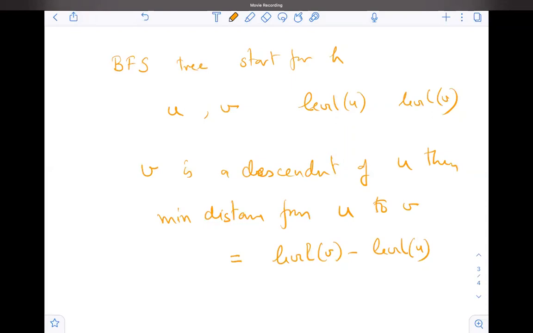That means there is a shorter path, and if there's a shorter path, then you prove that the level of V should have been different. So this is a simple induction proof, isn't it? You can prove it by induction, or a proof by contradiction also.